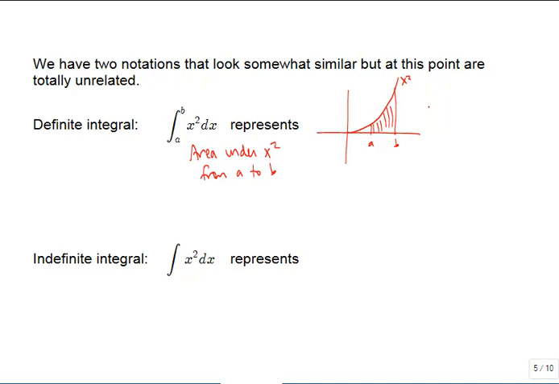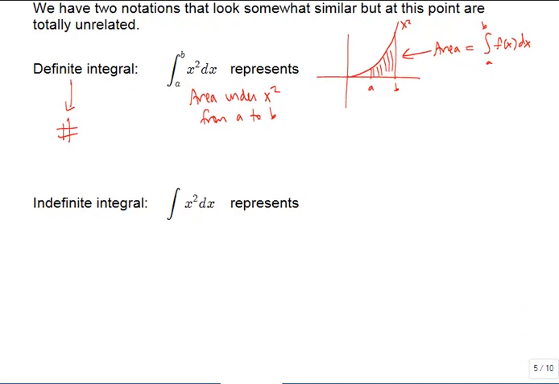So it's physically an area. Okay, that's what this definite integral represents. What you're going to get for an answer, since it's an area, is just a number, whatever that size is, whatever that area happens to be. So your answer here is going to be a number.